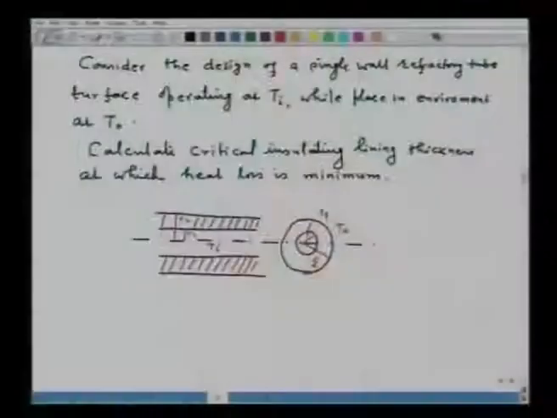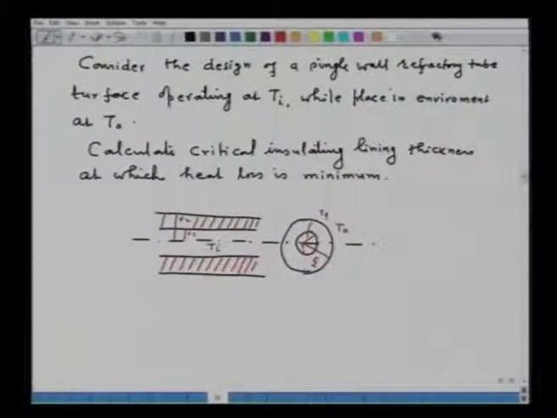So, if we wish to draw the so called thermal gradient, then somewhere we have this temperature, let us say this is T2, this is T0, this temperature is T2, this temperature is T1.